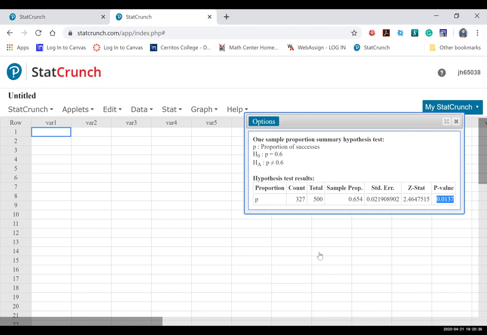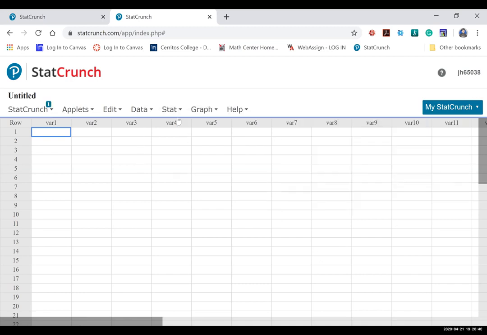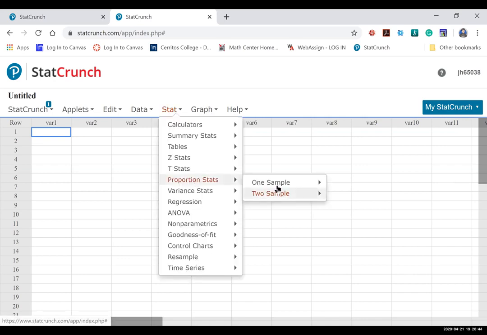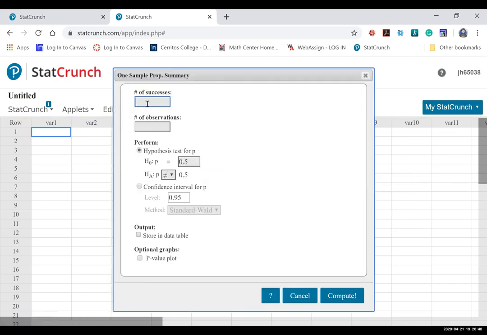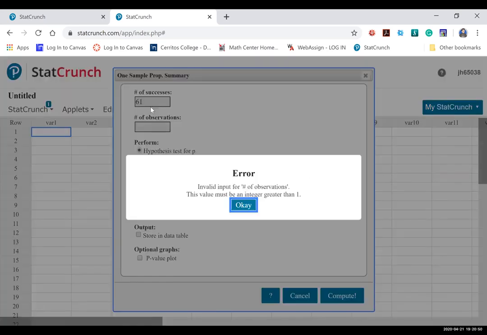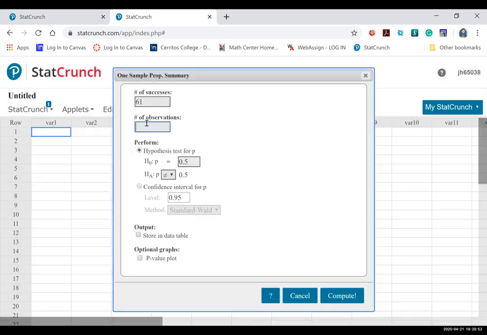Let's say that we wanted to get the last one. How do we do the last one? Okay, again, very simple. Stats, proportion stats, one sample with summary. Number of successes was 61. Number of observations was 90. We wanted to compare it against 80%.